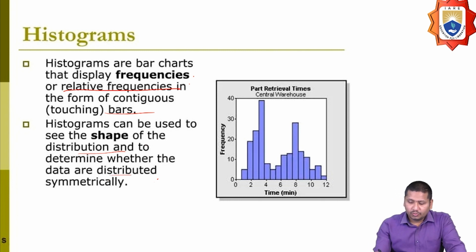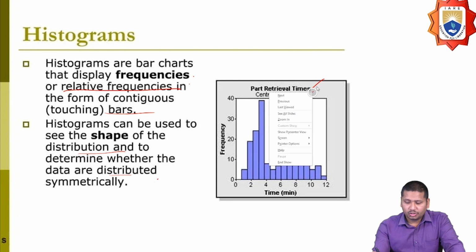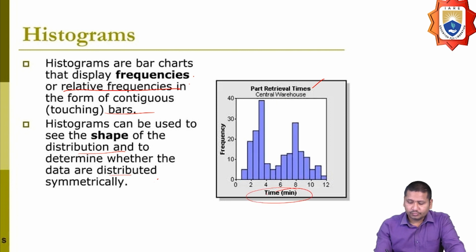Here, if I want to show the path retrieval times for a central warehouse, I take the time on the x-axis and frequency on the y-axis.